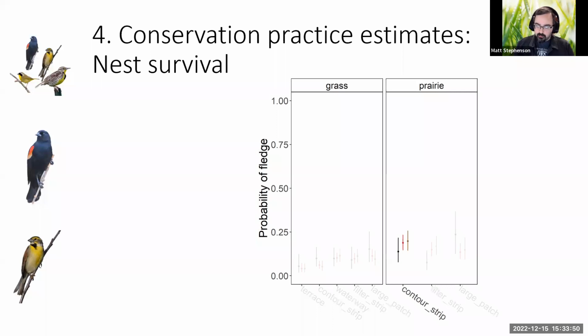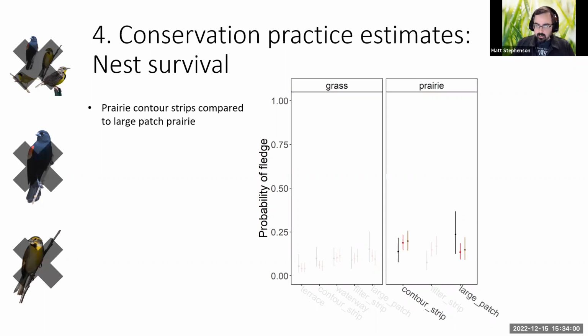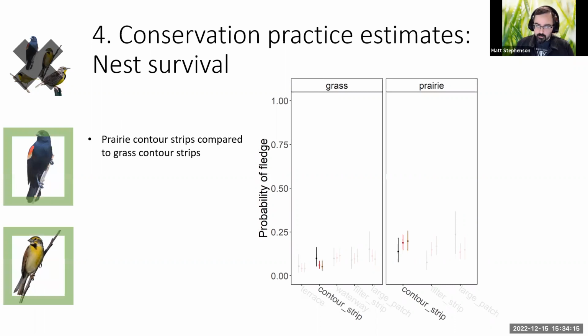When you compare nest survival in prairie contour strips to reference habitat, large patch prairie restorations, you see that there was no difference in nest survival between prairie strips and larger, presumably high quality prairie restoration habitat.